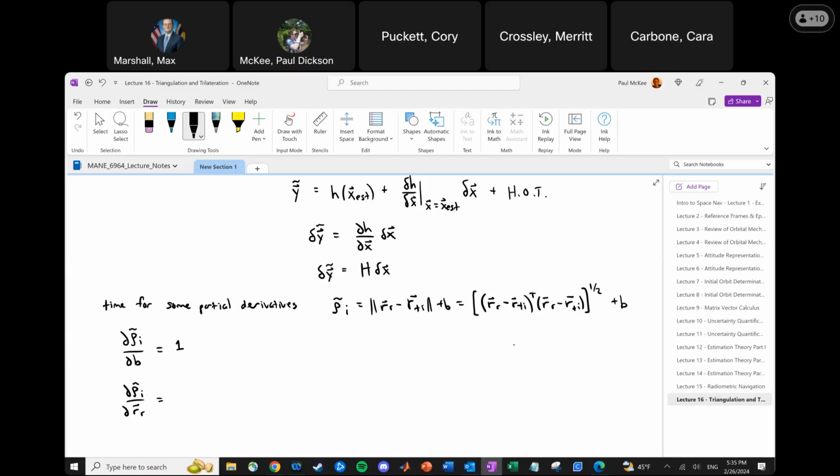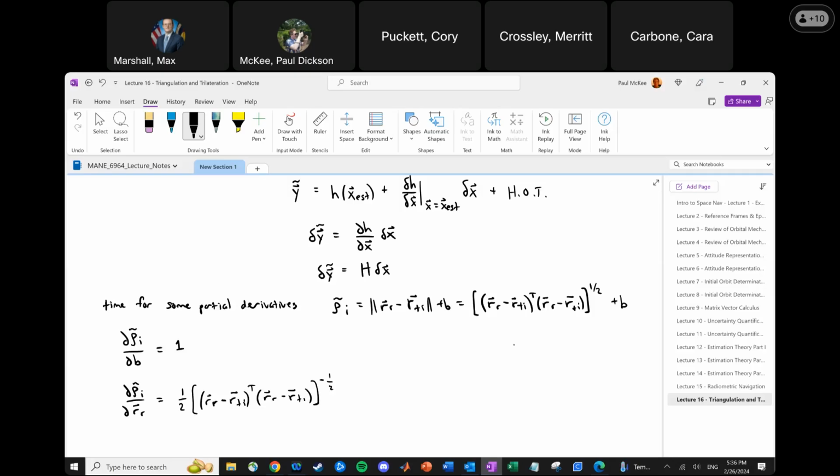The derivative of r minus r transpose r minus r to the 1/2 power plus b, well, that is 1/2 times r minus r_ti transpose r minus r_ti, now the exponent is subtracted by 1, so this is the negative 1/2 power.